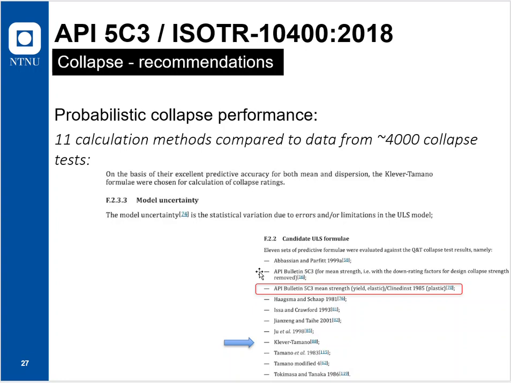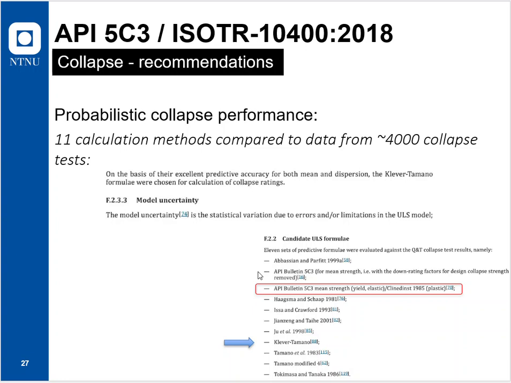Still, there are safety factors applied on top of that, design factors as we saw on collapse using the API. It means that basically you don't really have control over where your safety factors are. Basically, it has been forgotten.